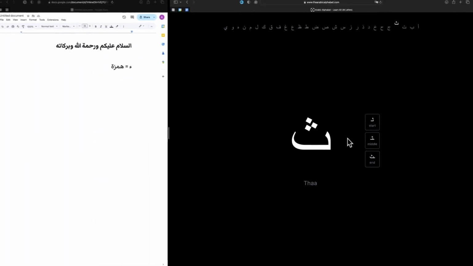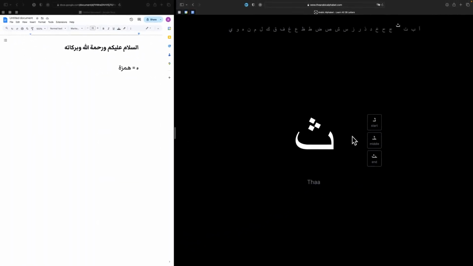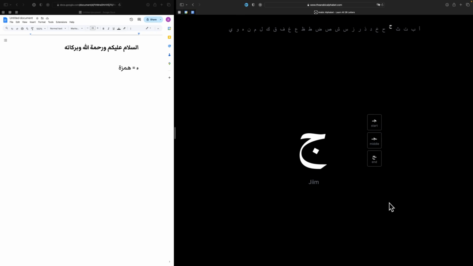This one, Thaa, which is equivalent to the TH sound. Next is Jiim, which is equivalent to the letter J in English.